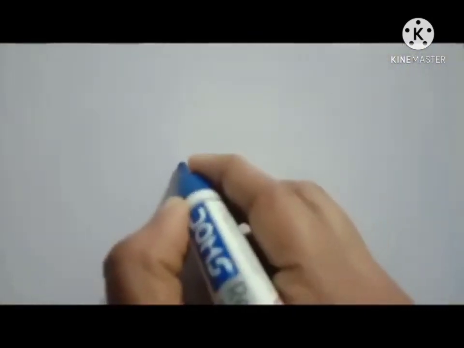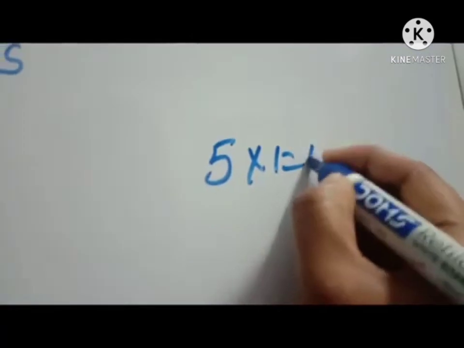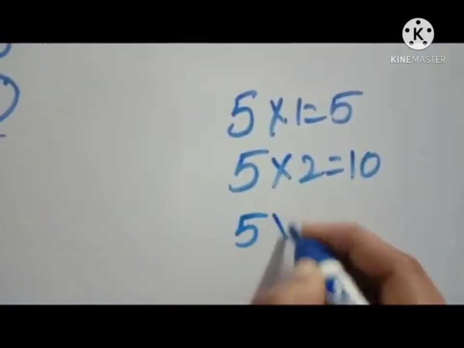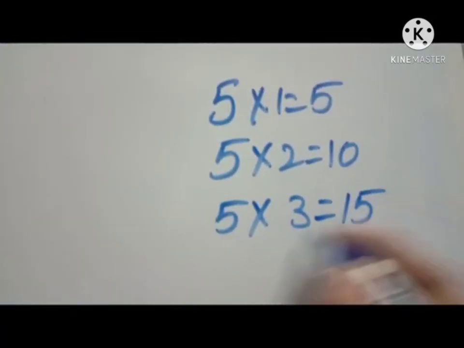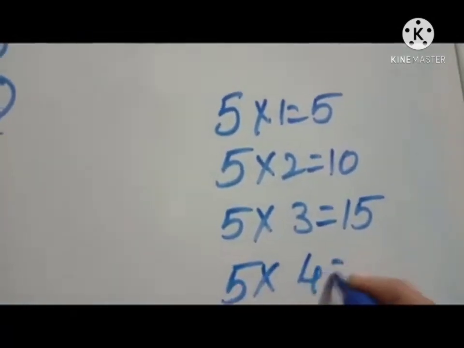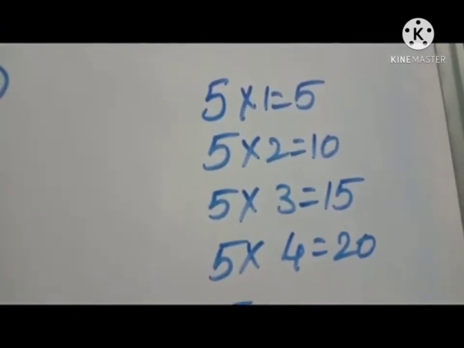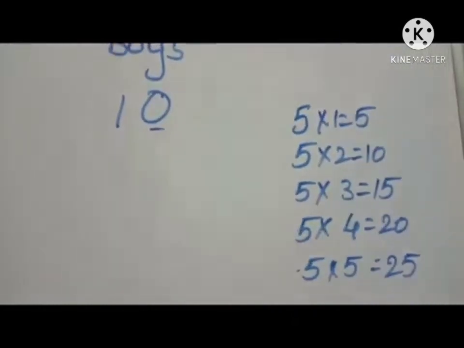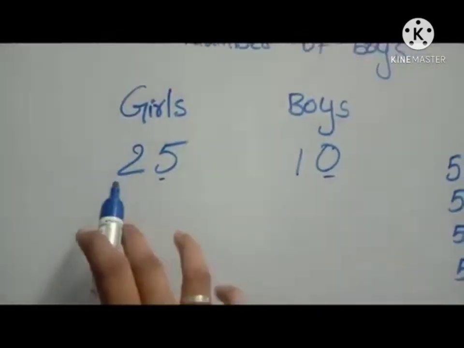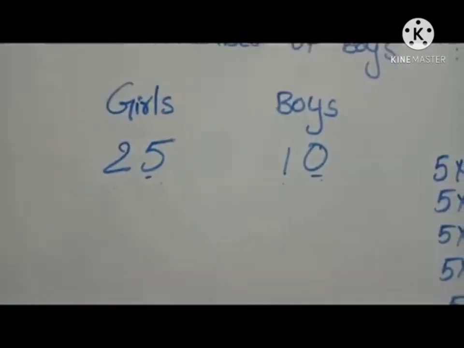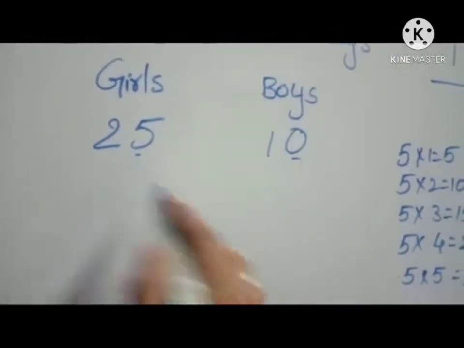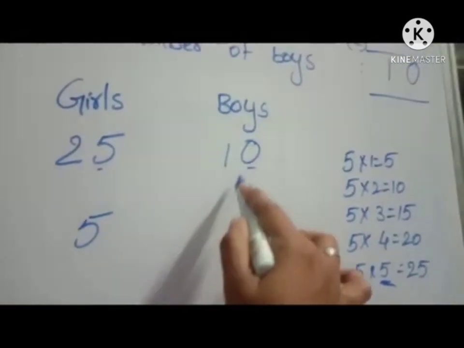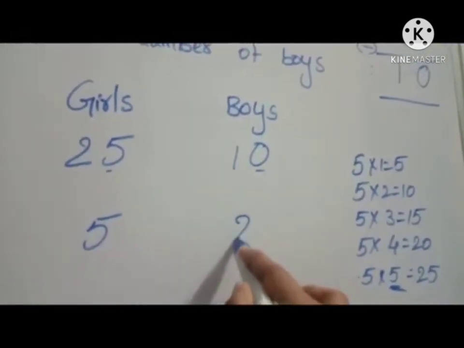So right here we will check the 5 table once. 5 ones are 5. 5 twos are 10. 5 threes are 15. 5 fours are 20. 5 fives are 25. Here the numbers are 25 and 10. 25 means which number do we write here? Yes, very good, 5. And here 10 is there, so 2.